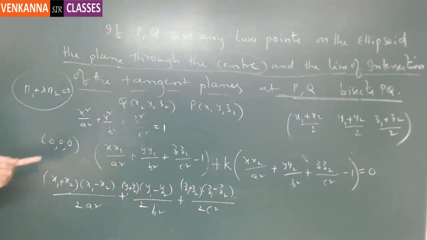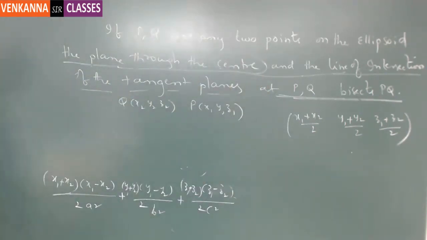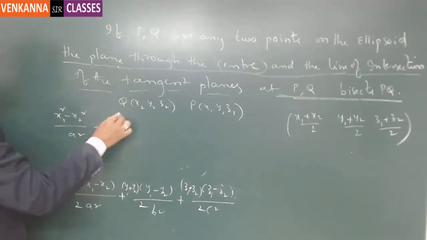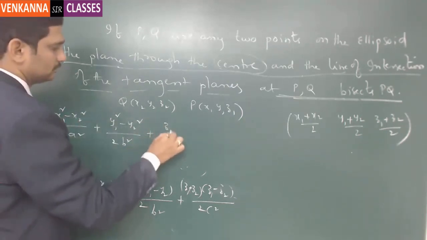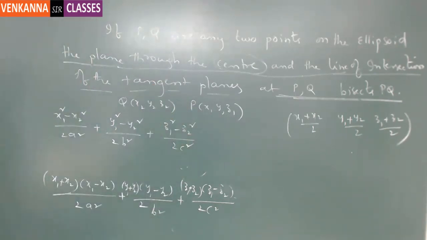Right? Now, in the numerator, it is of the form (a plus b) into (a minus b). You have to simplify that. So you are going to get x1 square minus x2 square by a square plus y1 square minus y2 square by b square. This is the thing you got. Now you can separate the values also here.